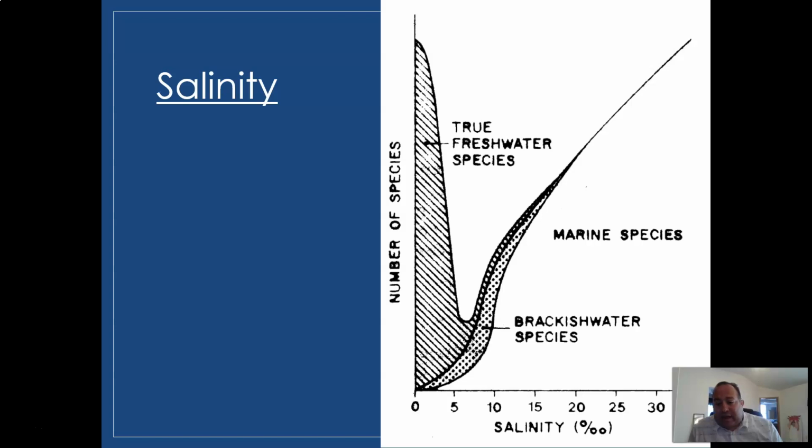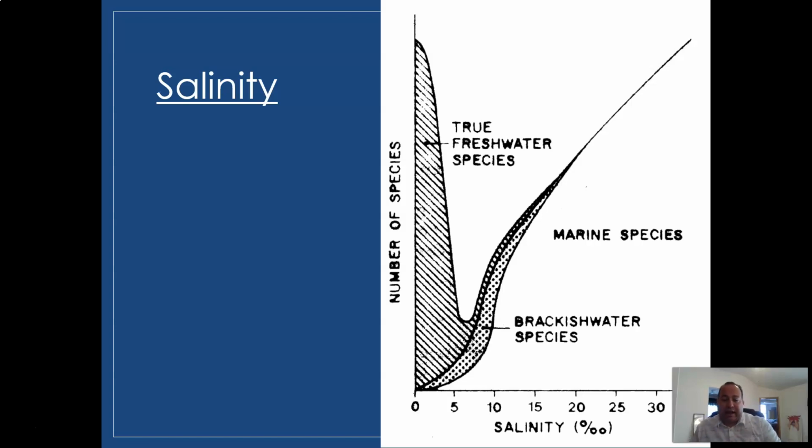As we get more salinity, we're going to see an amount of marine species as well, because these are the ones living in salt water, so they're going to have a good amount of species as well. But as you get to a lot of salinity, even the marine species, even the ones out living in salt water, can't handle it. That's why you see that tiny little tail when we go past the marine species.